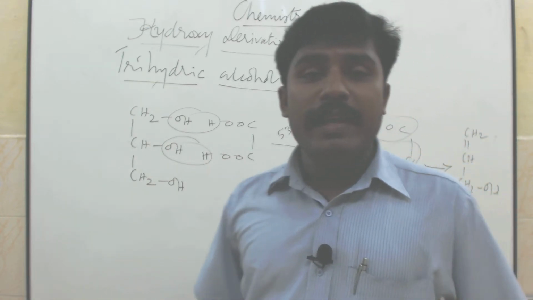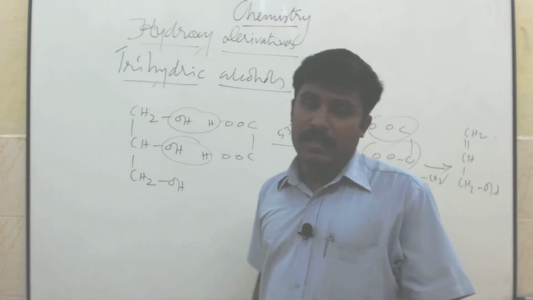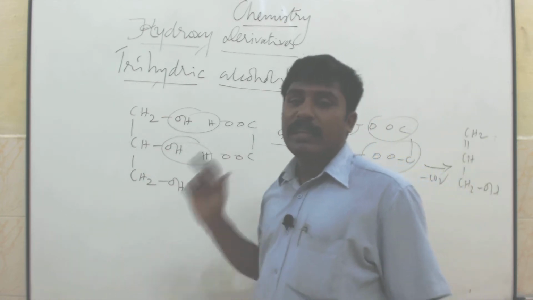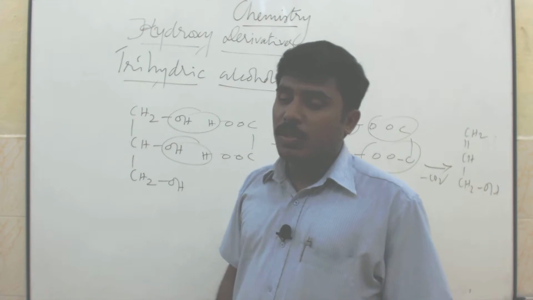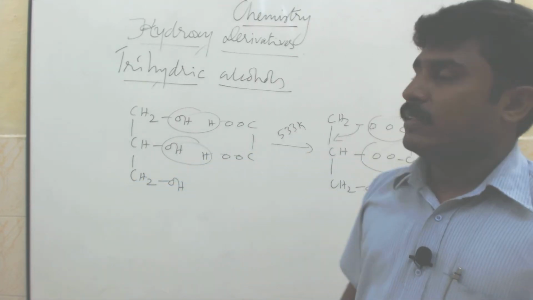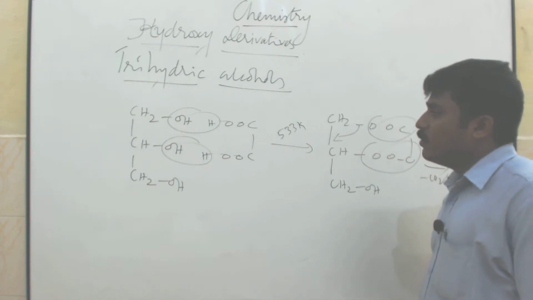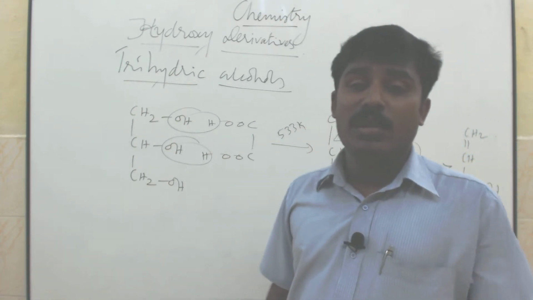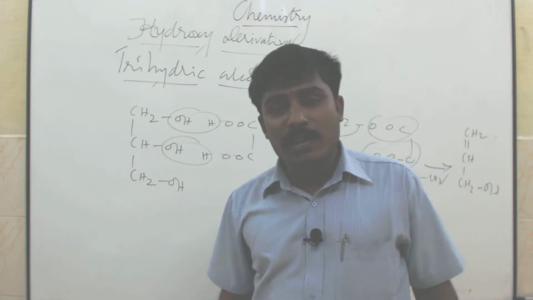So how to prepare allyl alcohol from glycerol? Or how to convert glycerol to allyl alcohol using oxalic acid? Very important question. Then oxidation reaction. Glycerol undergoes oxidation reaction using so many oxidation agents, like Fenton's reagent is one of the very important reagents. You know what is Fenton's reagent?